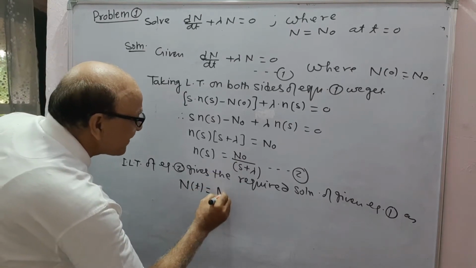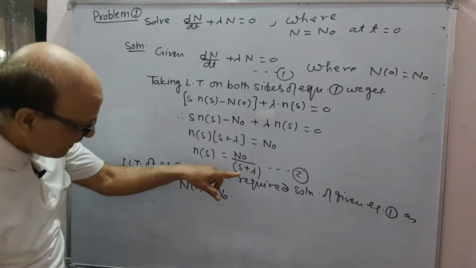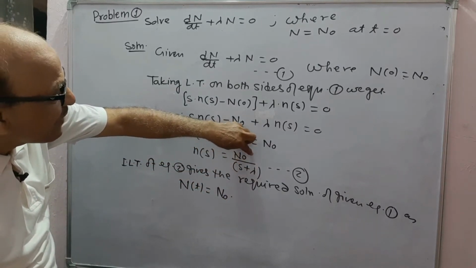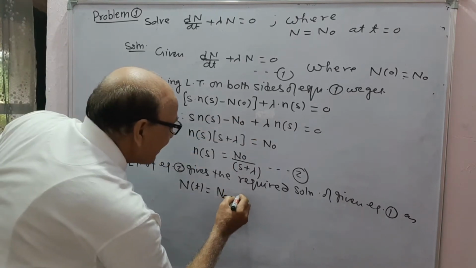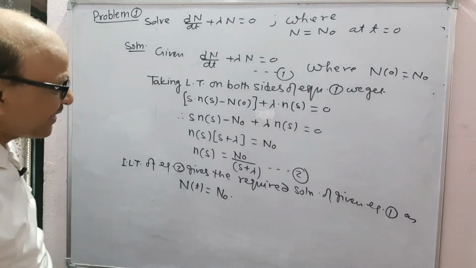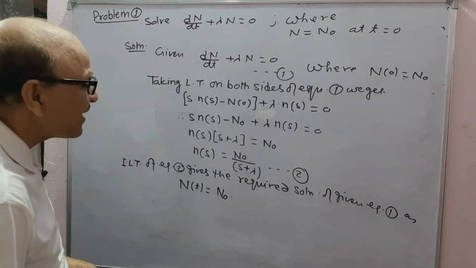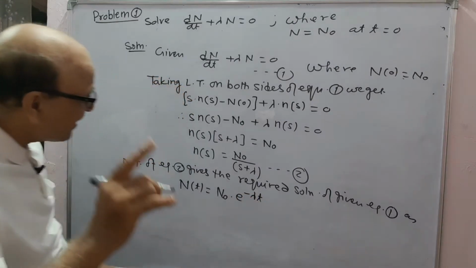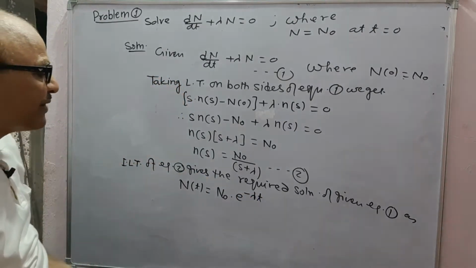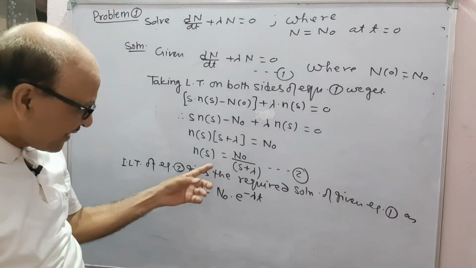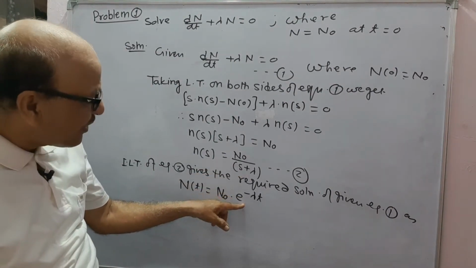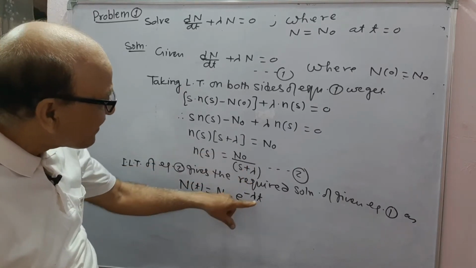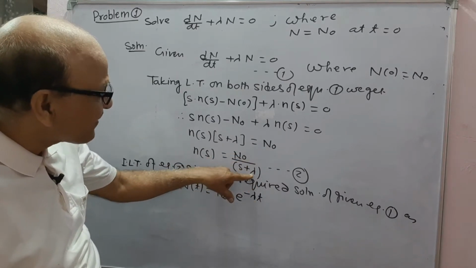N naught is constant, and the inverse Laplace transform of 1 upon s plus lambda will be equal to e to power minus lambda t, as in the table above you can see the Laplace transform of e to power minus ax is equal to 1 upon s plus a.